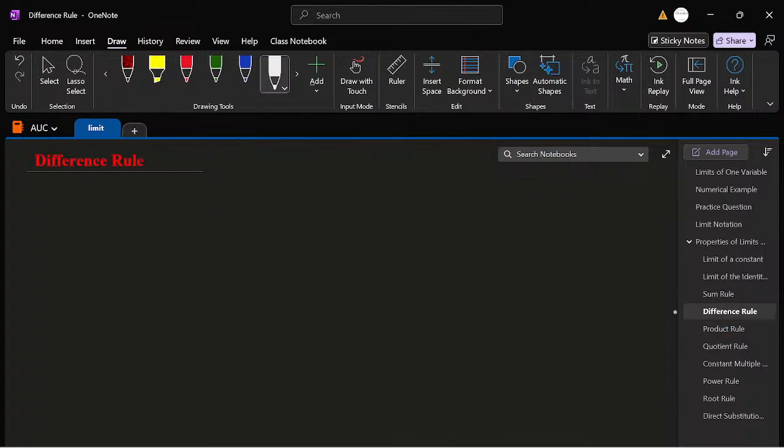The same thing goes for the difference. In this case, your function will be f of x minus g of x.